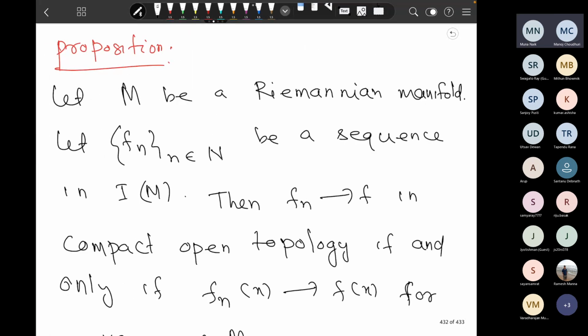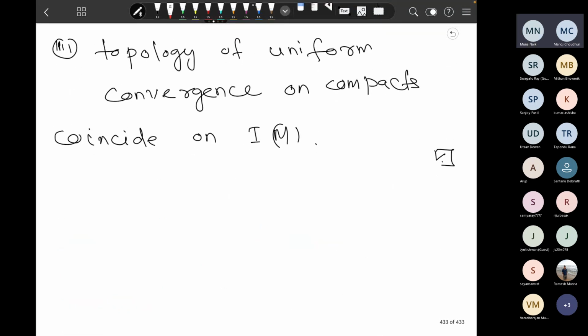But this proof you can find in Helgason's proposition. I have also read that proof.